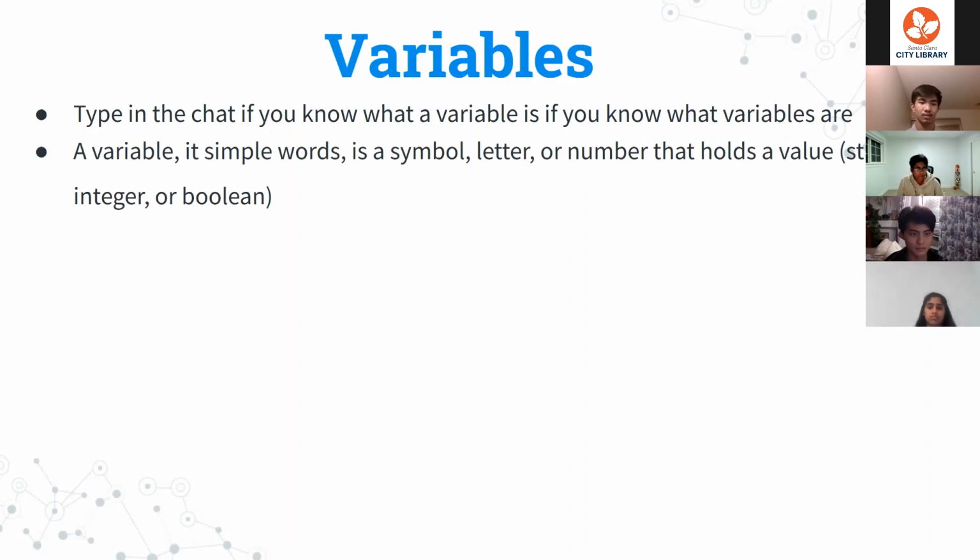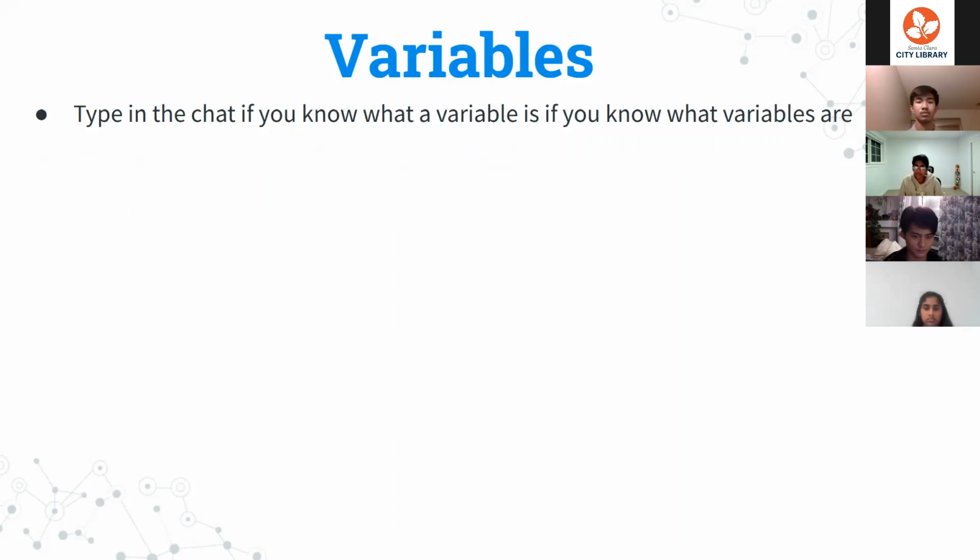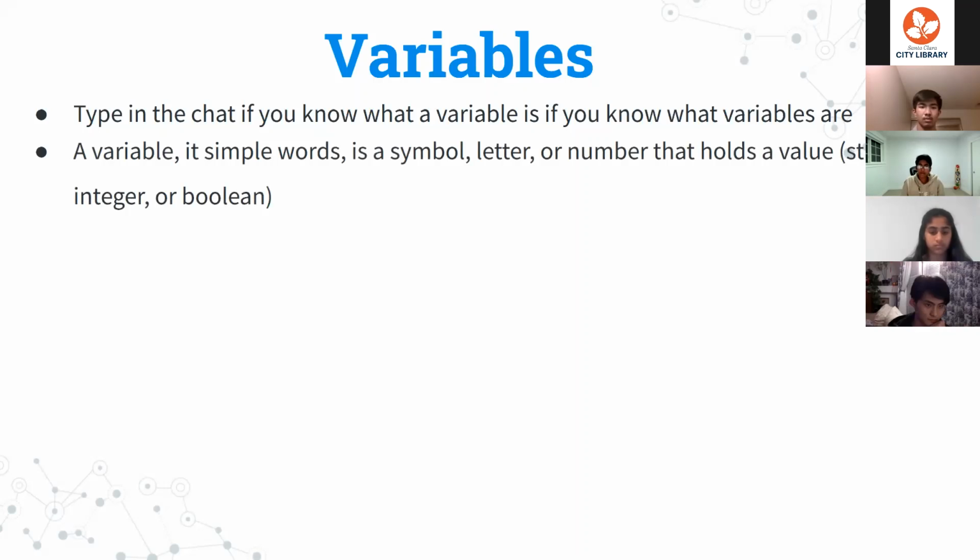So can you just type in the chat if you've heard of what variables are? Okay, it looks like a couple of us know what they are. Like X and Y.